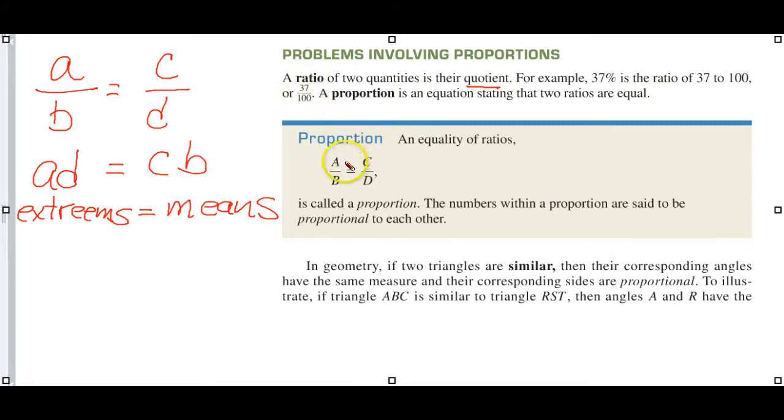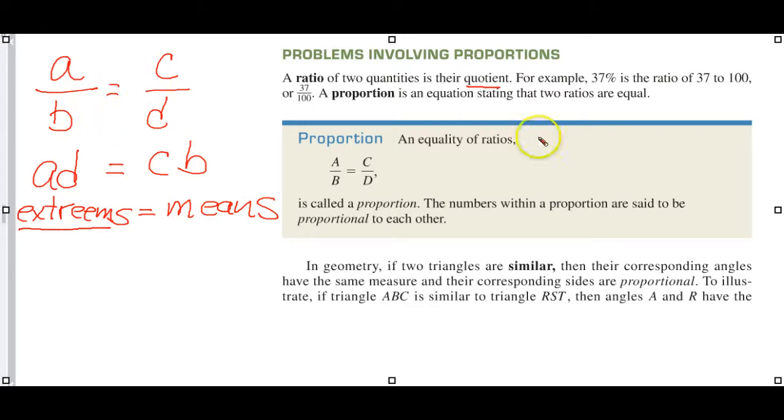Now, when we have proportions that are set up as an equation, we're saying this proportion is equal to this proportion. And we have a name for the A and the D. The A and the D are called the extremes because it's the furthest out this way and furthest out this way. And then the C and the B are called the means because they're sort of in the center.